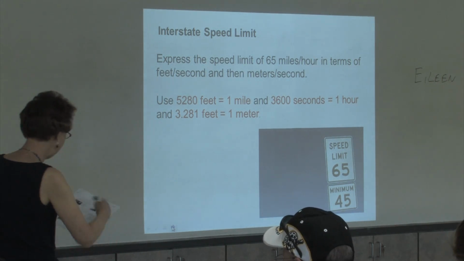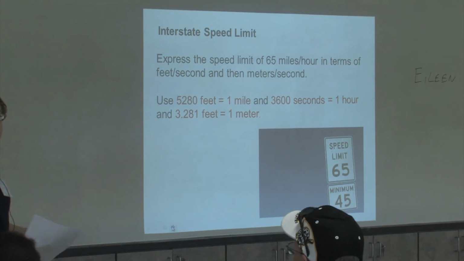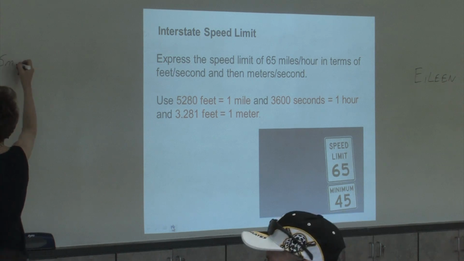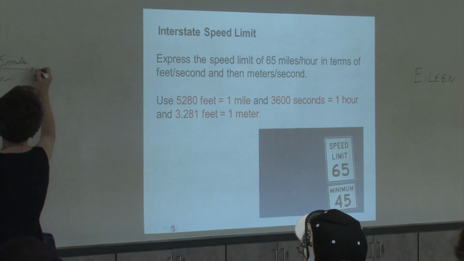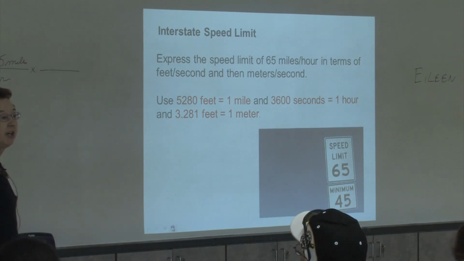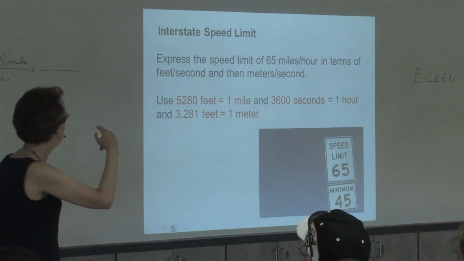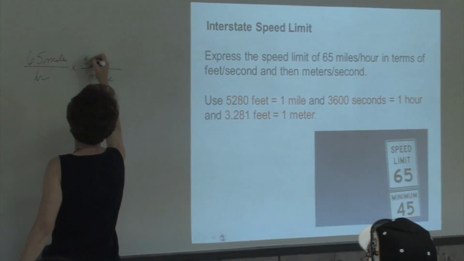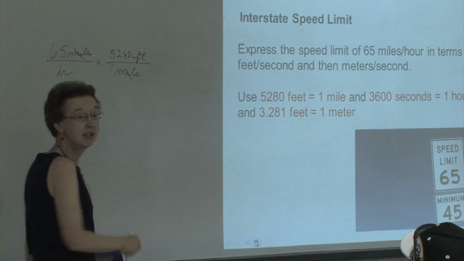Okay, so basically what I like to do is be sure my units are going to cancel, so I simply go 65 miles per hour, right? If I want to get rid of the miles, where would I put it? 1 mile on the bottom, and what do I put at the top? 5,000 feet. That way I can cancel my miles.